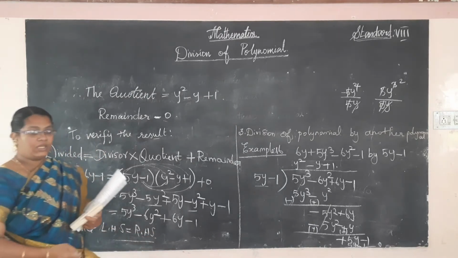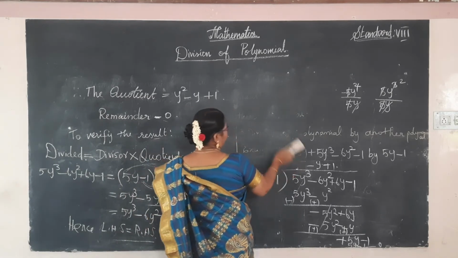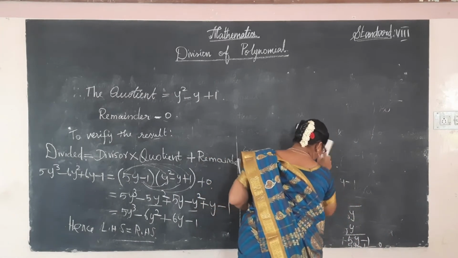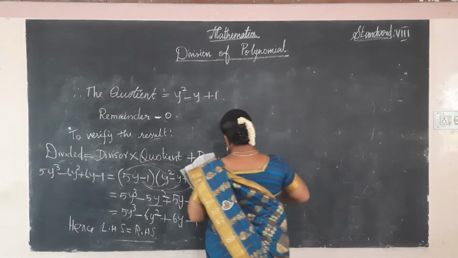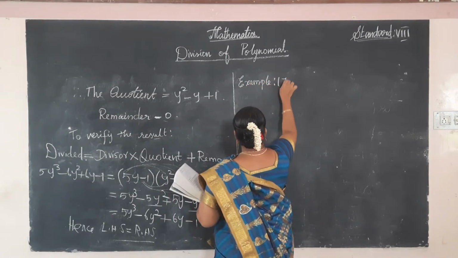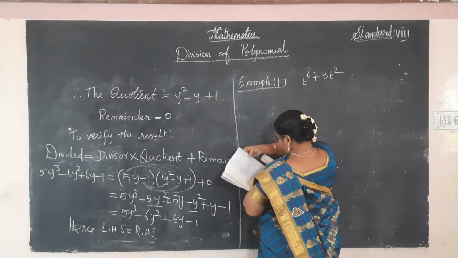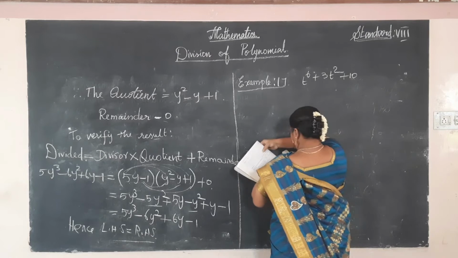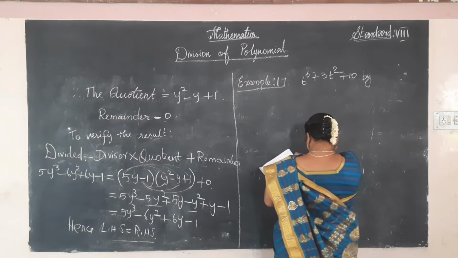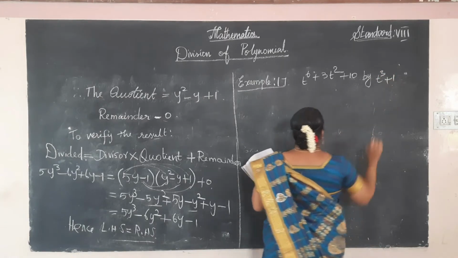Okay, and next one, Example 17. Divide t power 6 plus 3t square plus 10 by t cube plus 1, as given.